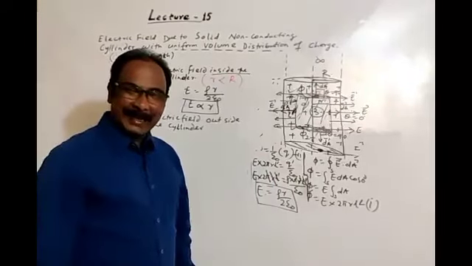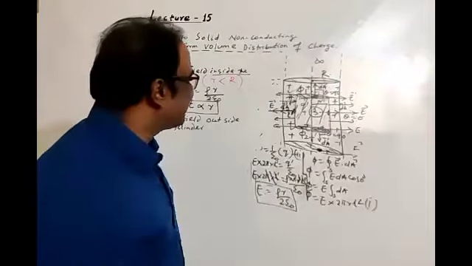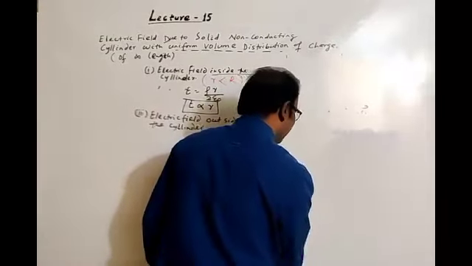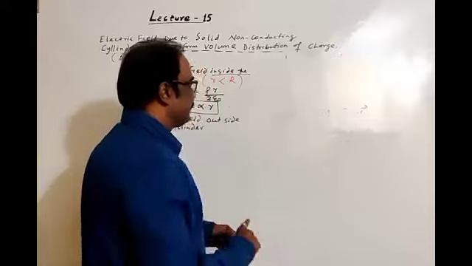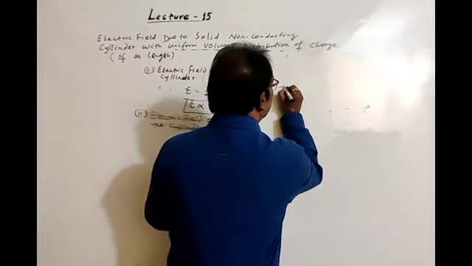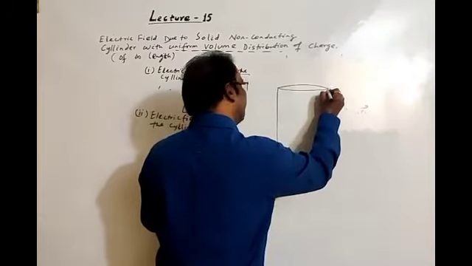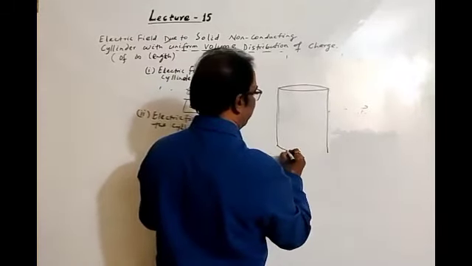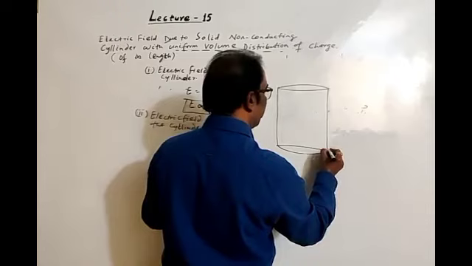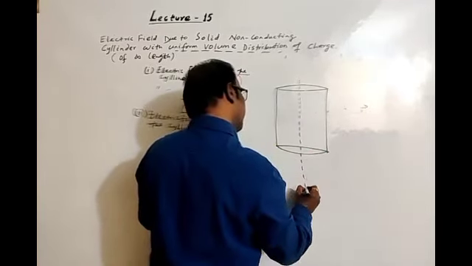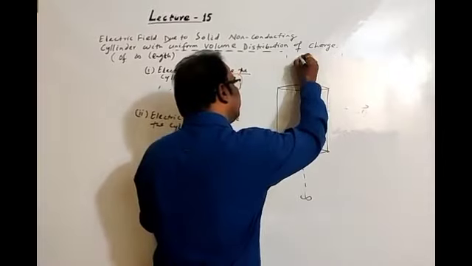Now let's change the diagram. Outside the cylinder, this is the charged cylinder of infinite length. This is the axis of the cylinder. The length is infinite.